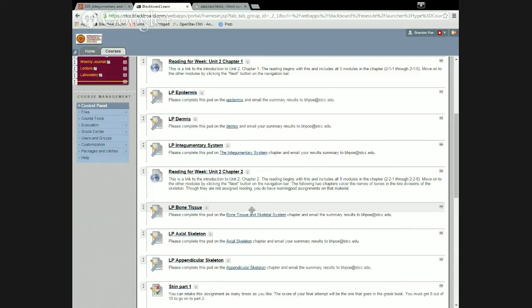So this is the learning pod for the bone tissue chapter, which is chapter 2 in unit 2. And then this is the learning pod for the next chapter, and this is the learning pod for the next chapter after that.